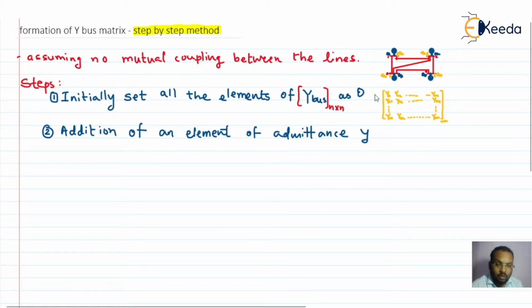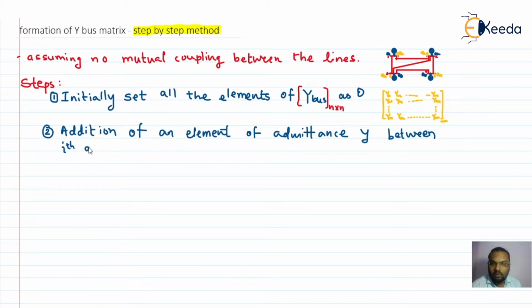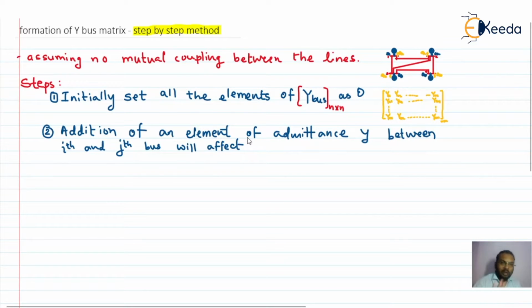Between which nodes or which buses we are adding an element is important to note here. Addition of an element of admittance y between the ith and jth bus will affect four entries or four elements of the Y-bus.